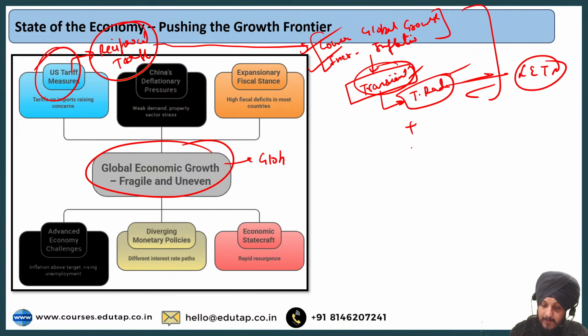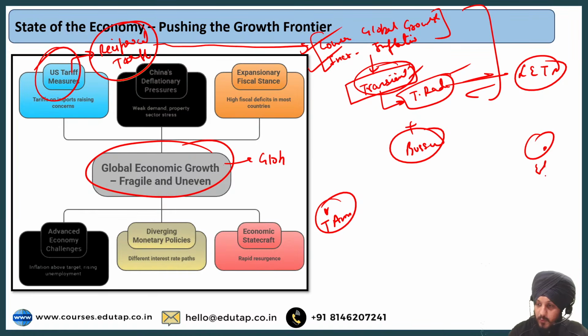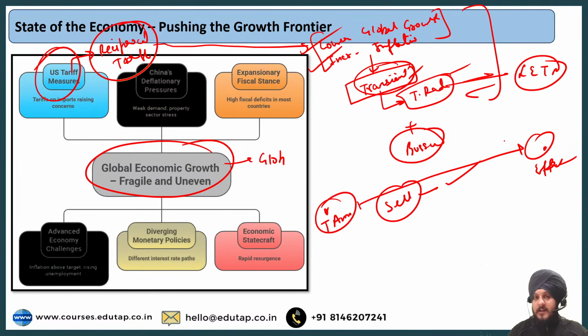Apart from that, there were different steps taken by businessmen also. These tariffs were not put into effect instantaneously, right? There was a time frame between when the tariffs were announced and when they came into effect. In this time, businessmen rushed to ship and sell as many goods as possible before the deadline.